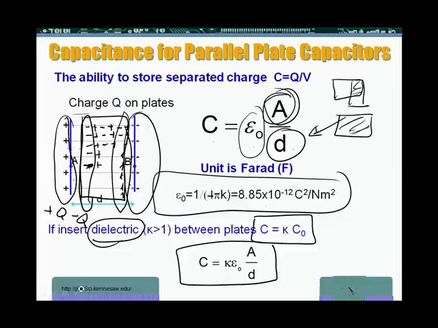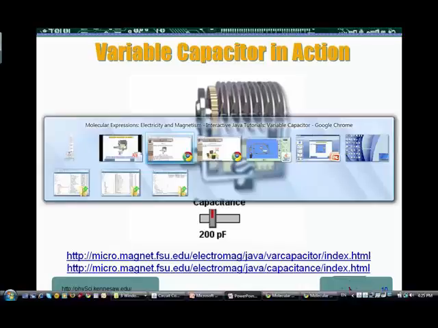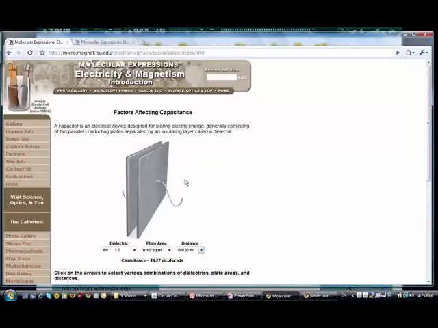Okay, now let's check the other simulation in that page. Now here are the factors that affect the capacitance.